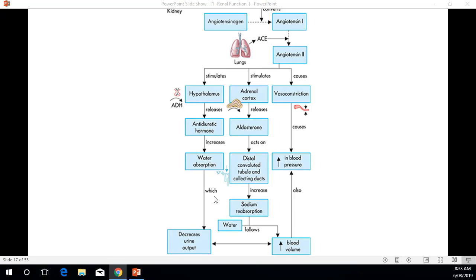ADH will increase water absorption, and vasoconstriction will also increase blood pressure. This whole system is known as the renin, angiotensin, aldosterone axis. All these hormones are involved together. Kidneys play a very important role via this mechanism in body fluid regulation and blood pressure regulation. Does that make sense, everyone? All clear? Okay.